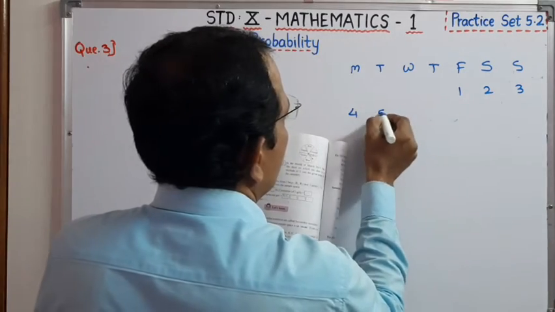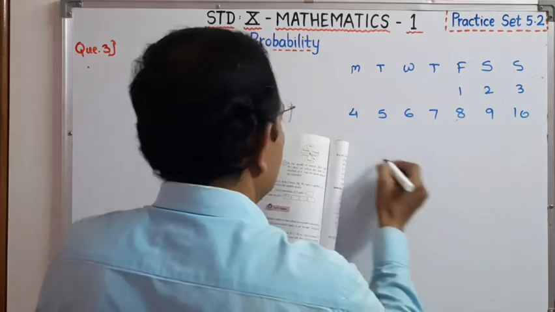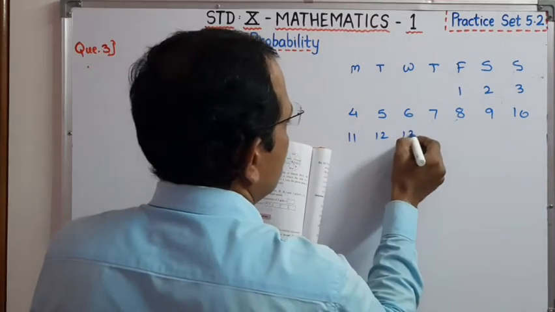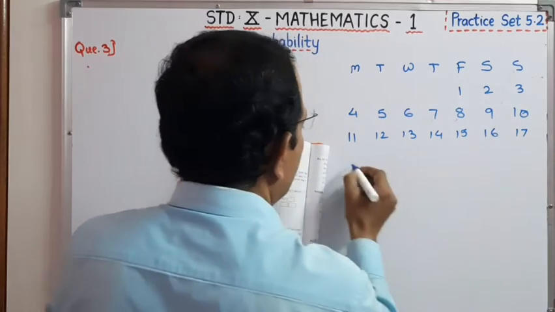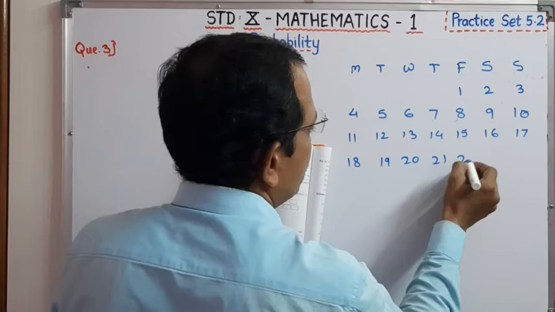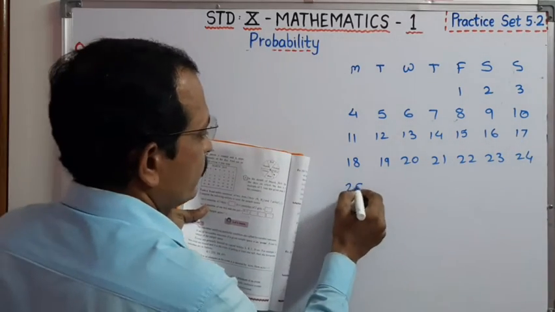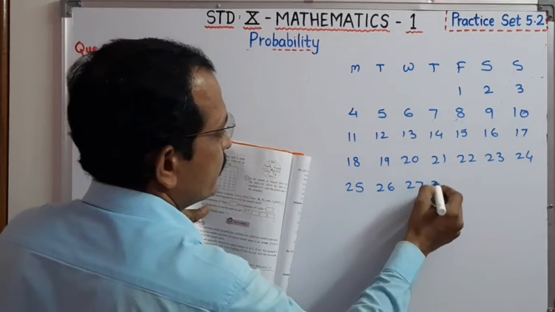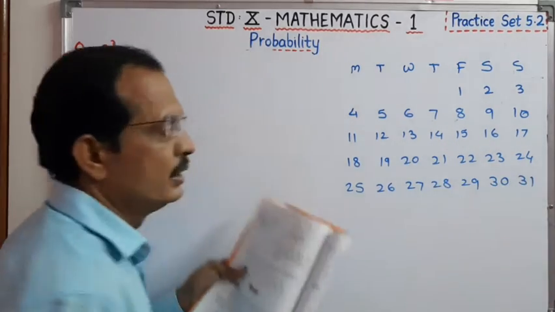Here it is 4, 5, 6, 7, 8, 9, and here it is 10, 11, 12, 13, 14, 15, 16, 17, 18, 19, 20, 21, 22, 23, 24, 25, 26, 27, 28, 29, 30, and 31.